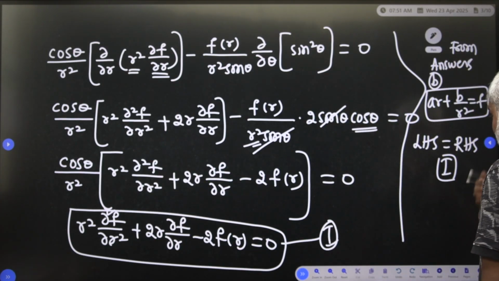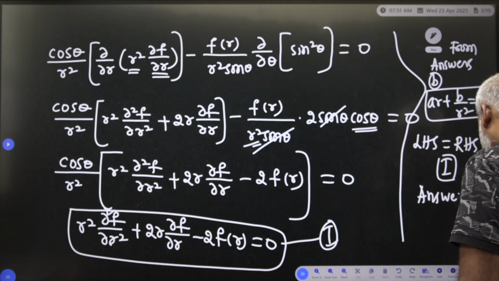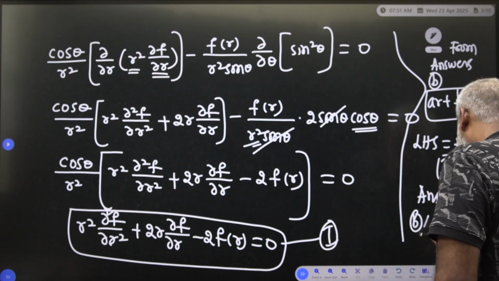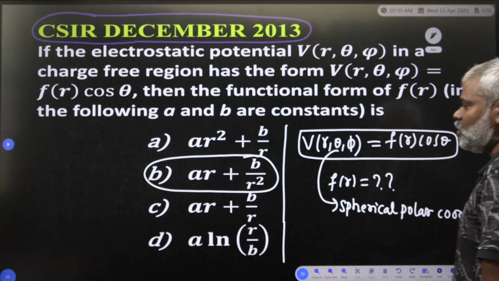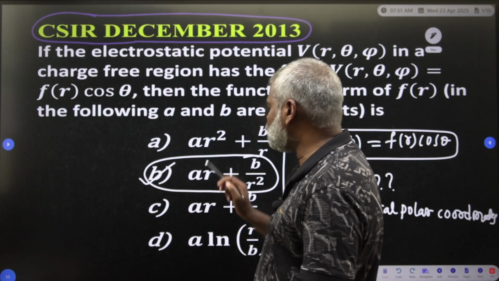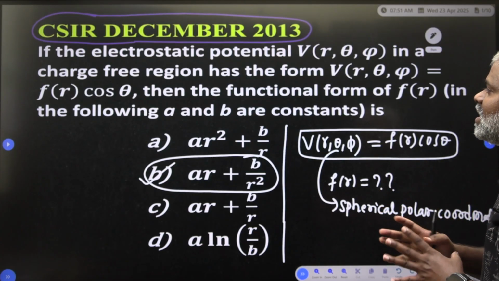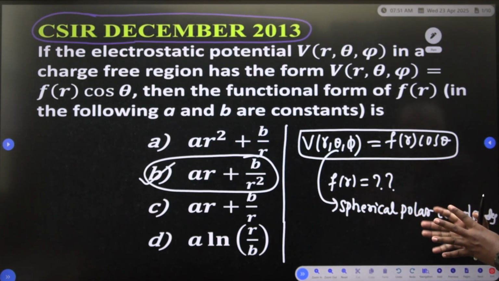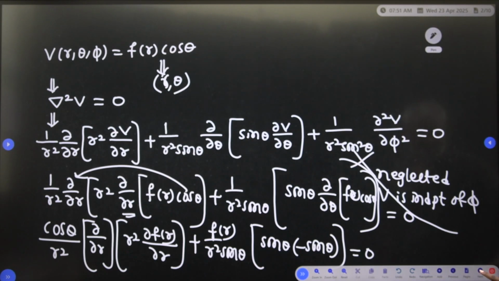Therefore option B is your answer, that is a r plus b r square is your answer. Like this you have to do in your competitive examination. Clear? So this is the method for boundary value problems according to your syllabus I told you.